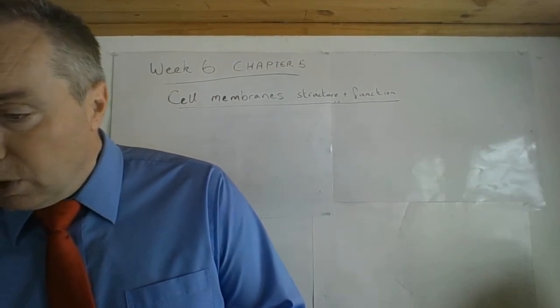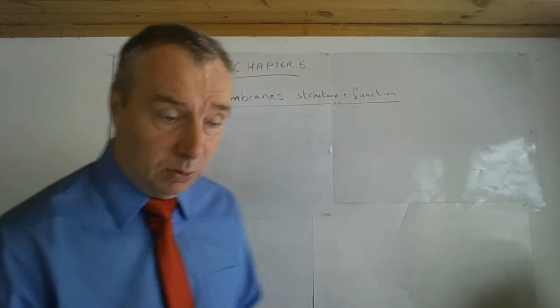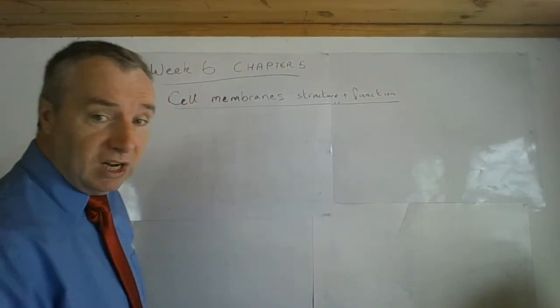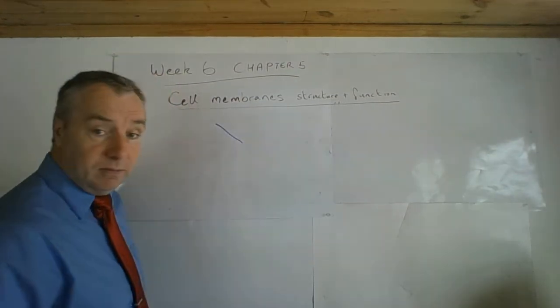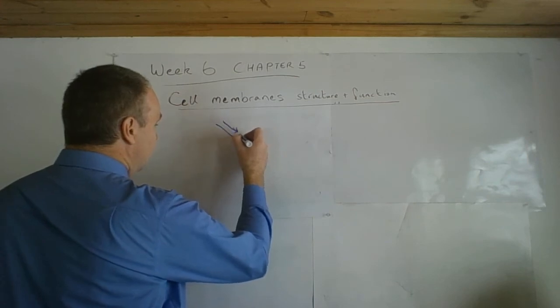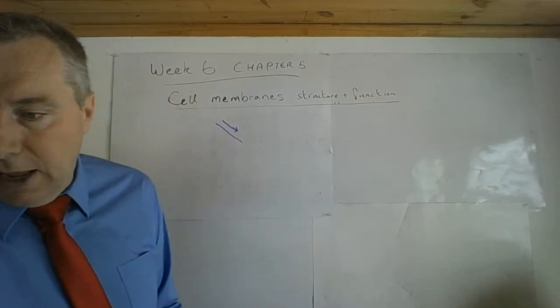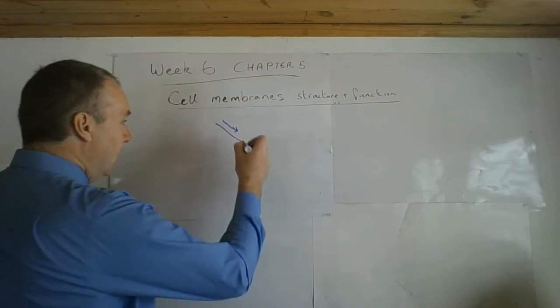So now we're going to talk about passive transport and energy requiring transport. So passive transport usually goes this way, down the concentration gradient. Active transport, or energy requiring transport, is usually going the opposite direction.